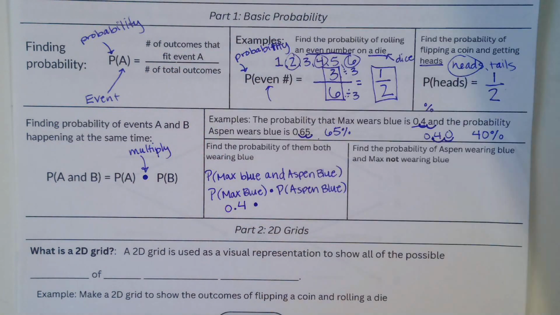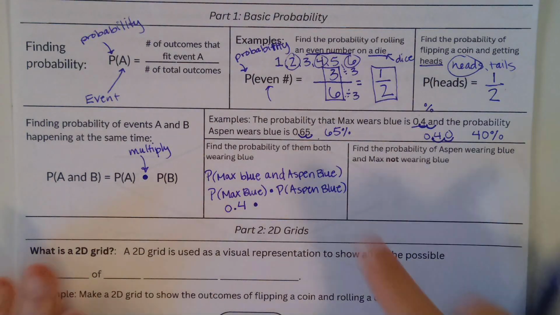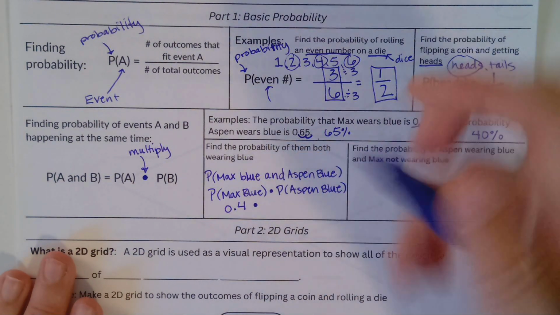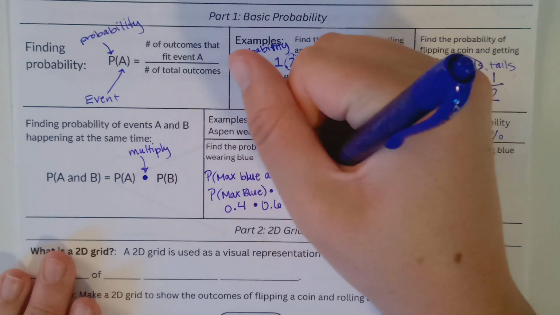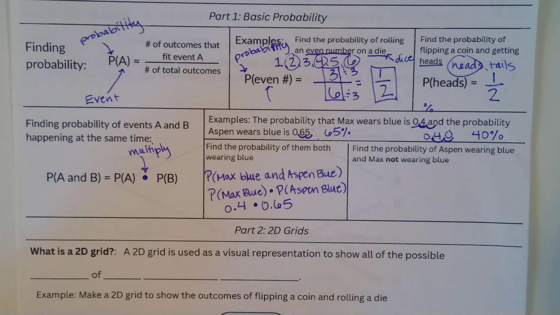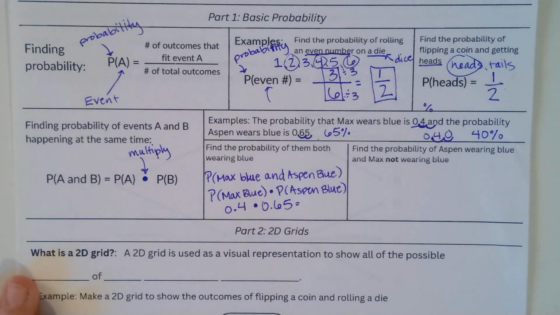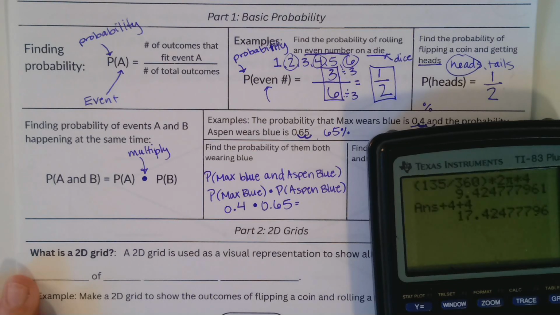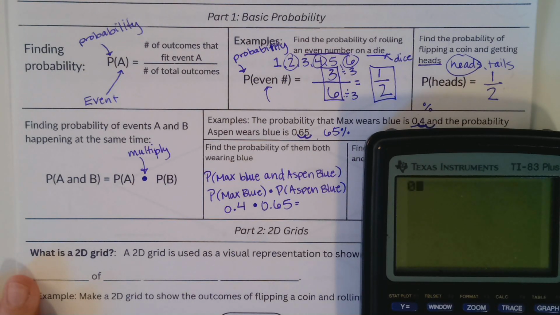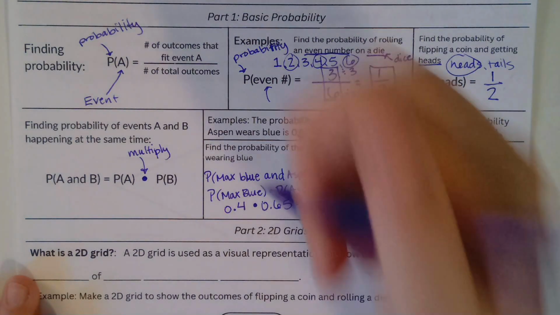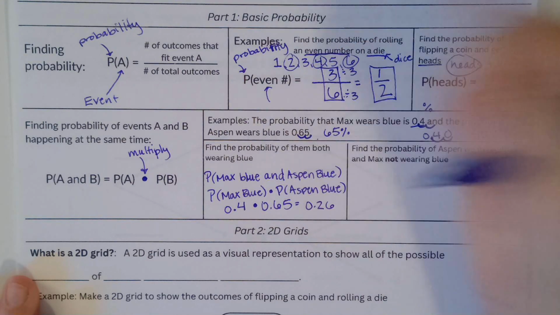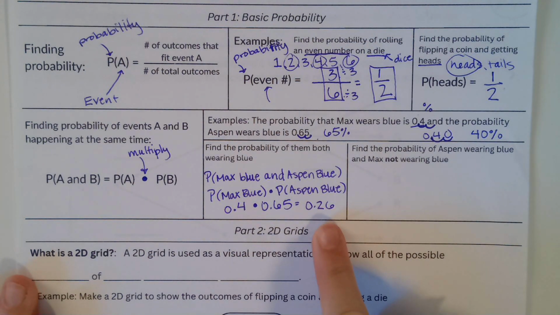And then I'm going to be multiplying that with the probability of Aspen wearing blue, which we already know from the question is 0.65. From there, all you have to do is multiply those two things together, and then that's going to be the answer. 0.4 multiplied with 0.65, you get 0.26. And then that could be the answer.